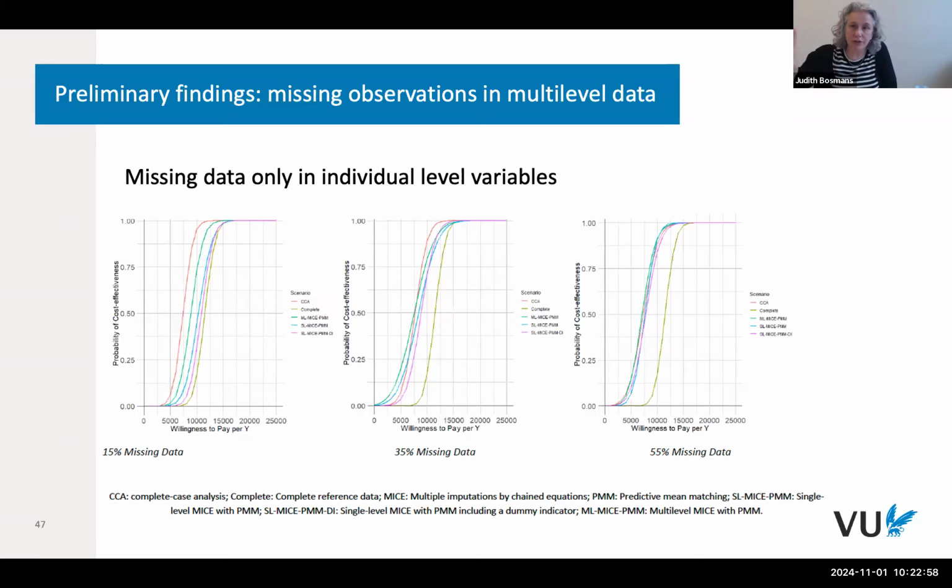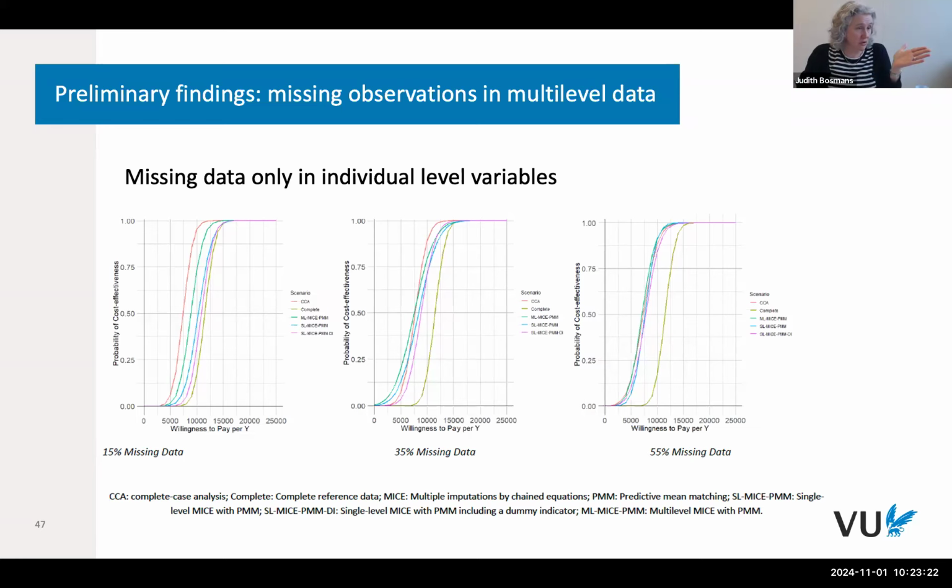And we compare different scenarios here. So in this scenario, there were only missing data in individual level variables. So you may have patients that are clustered in hospitals. Then we have individual level variables, which is, for example, age and sex of the patient. And we may have hospital level variables.